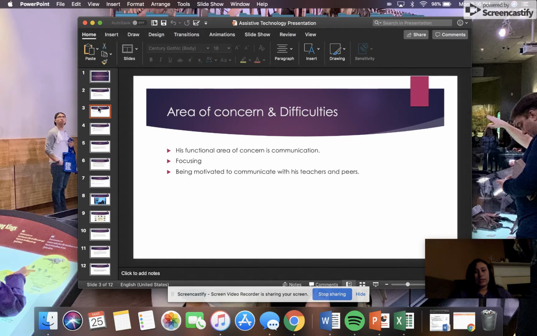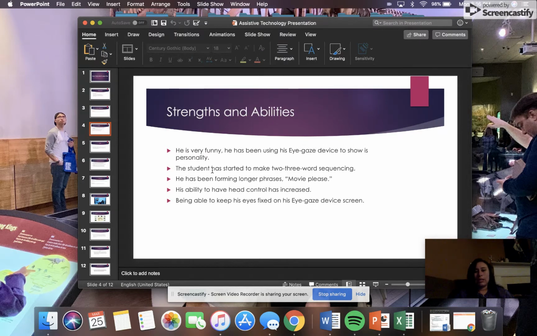Area of concern and difficulties. His functional area of concern was communication and focusing, as well as being motivated to communicate with others and peers. Strengths and abilities. He is very funny, and he has been using his eye gaze device to show that funny personality.